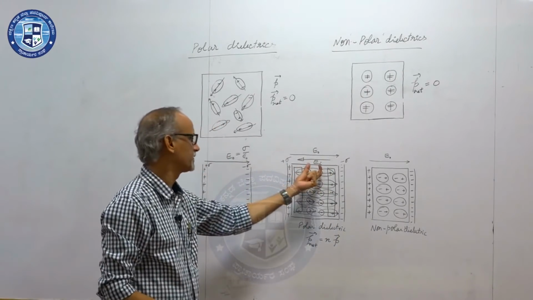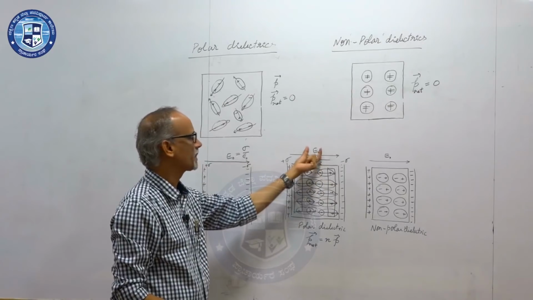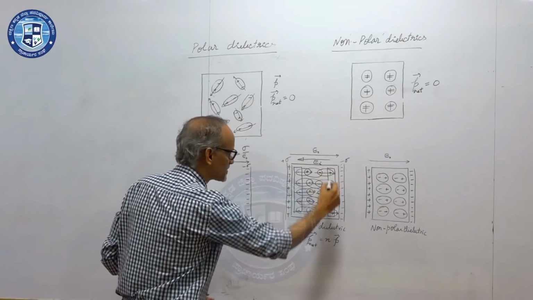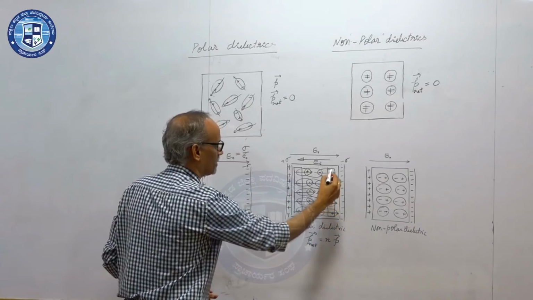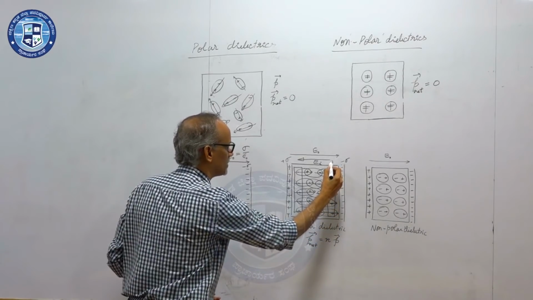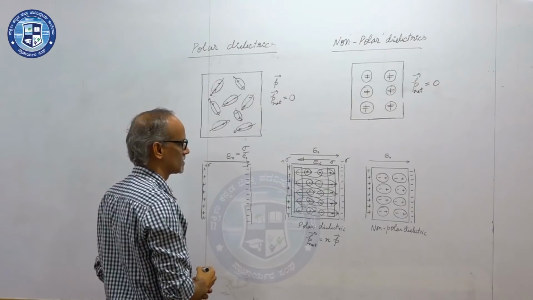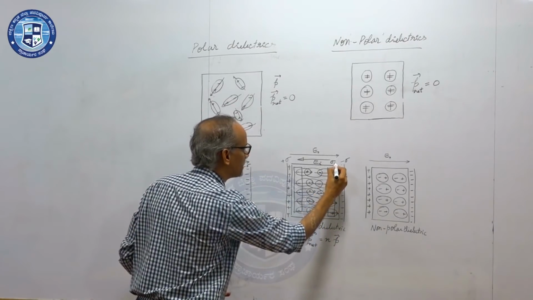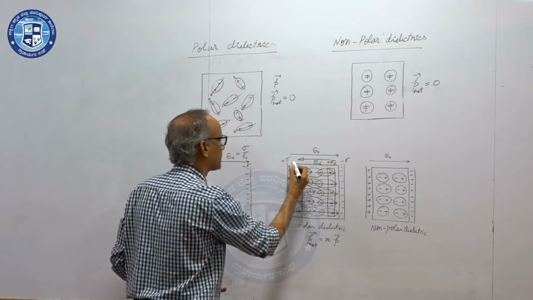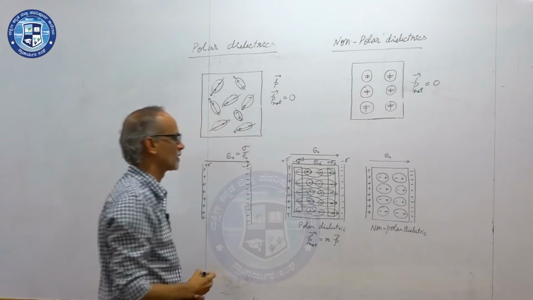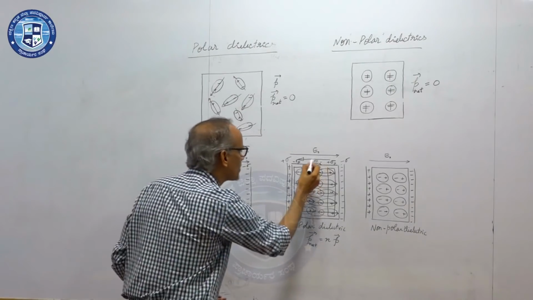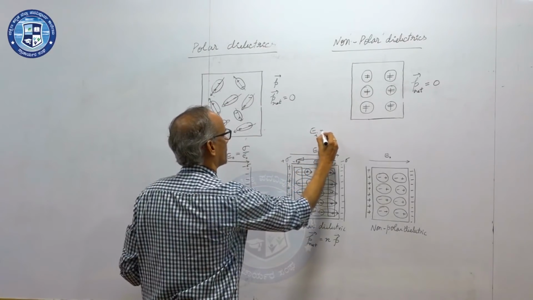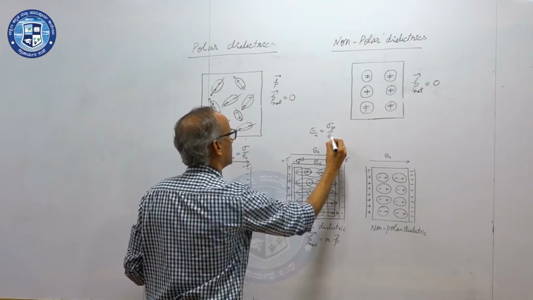The strength of this electric field will be lesser than E naught. Due to these positive charges, we can measure the surface density of the charges accumulated here, which I am going to write as sigma p. This is plus sigma p, here we have minus sigma p, so the strength of that electric field E I is given by sigma p by epsilon naught.